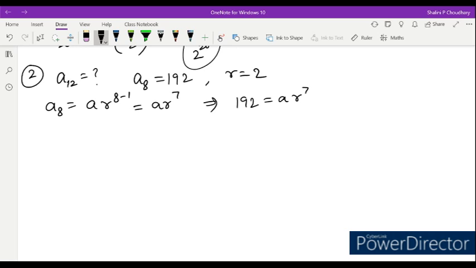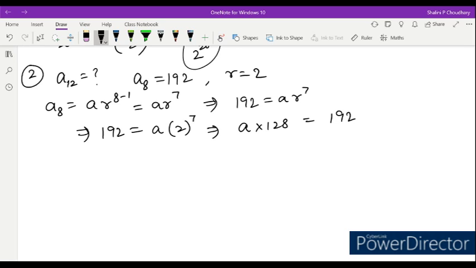So 192 will be equal to a, whose value is not given, so we'll write a, and r is given, that is 2 to the power 7. And 2 to the power 7 will be equal to 128. So we can write a into 128 will be equal to 192. Now we'll cancel 192 and 128.